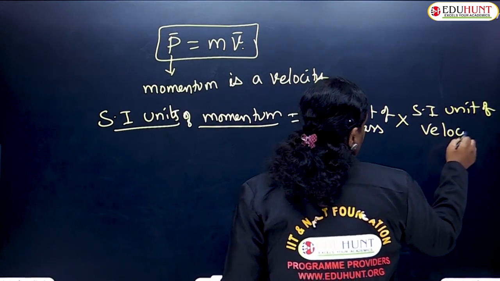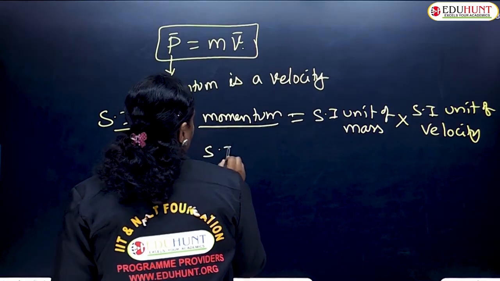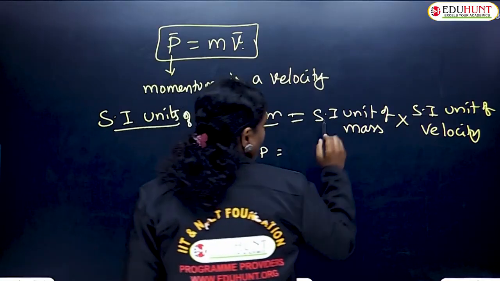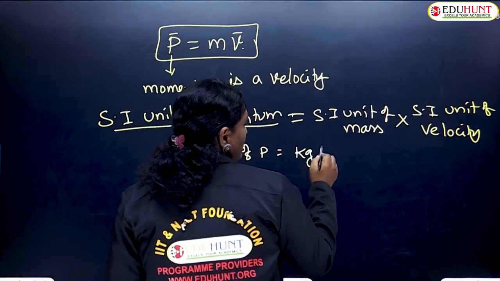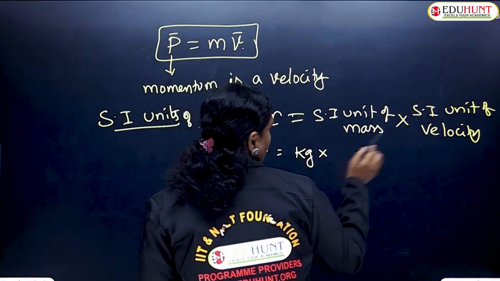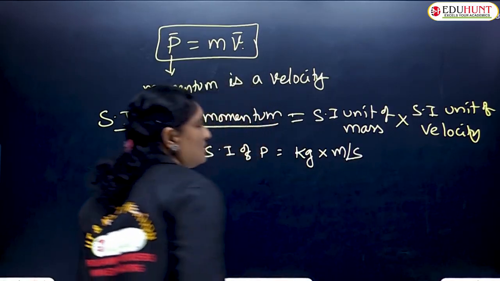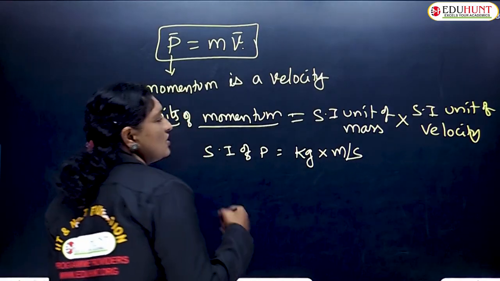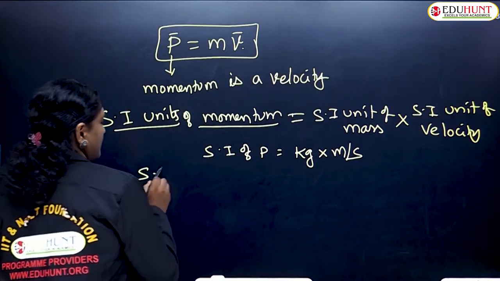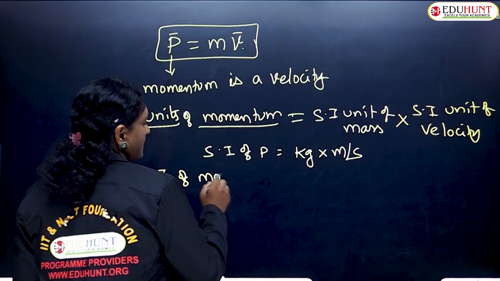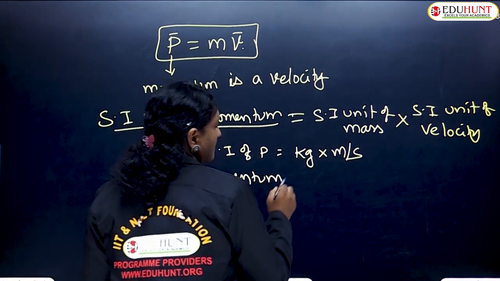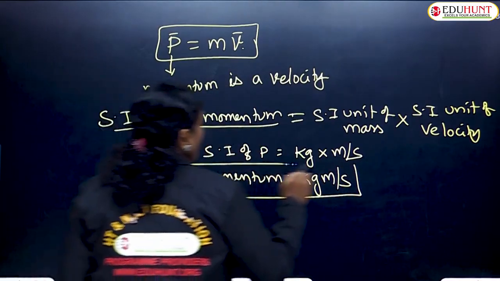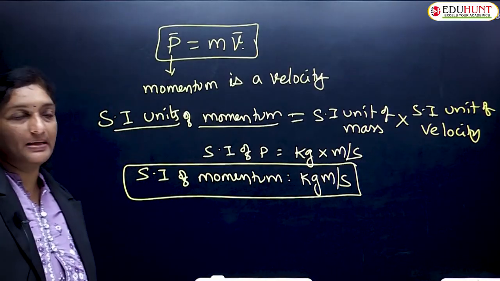The SI unit of mass is measured in kg and the unit of velocity is measured in meter per second. Hence the SI unit of momentum is kg meter per second. So this you need to remember, children.